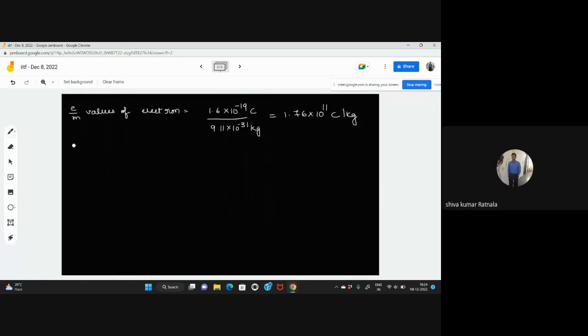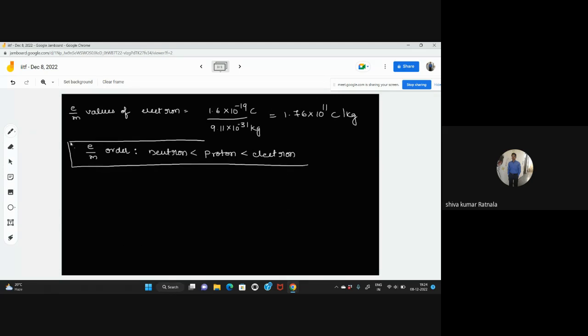Therefore e by m order is: first neutron, next proton, and after that electron, which is 10 to the power of 11. This is the point you need to remember, from the discovery of electron, proton and neutron.